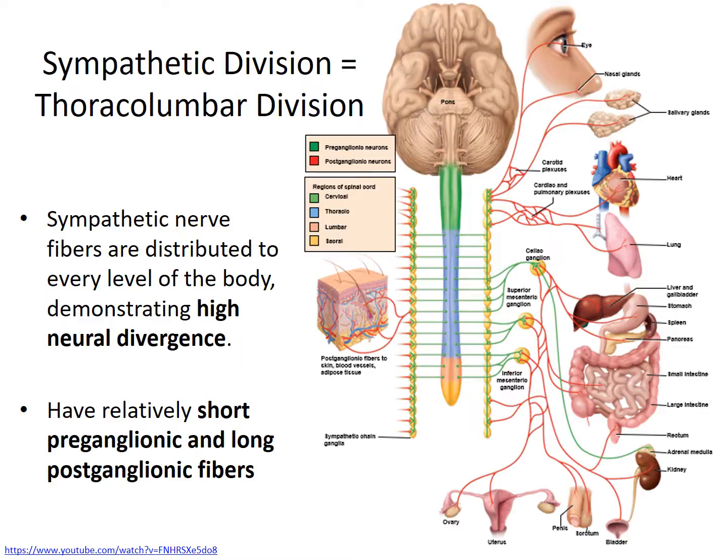So the nerves are only coming off T1 through L2, nevertheless from the sympathetic chain ganglion, which is right next to the vertebral column, the postganglionic fibers can then be distributed to every level of the body. So high neural divergence.